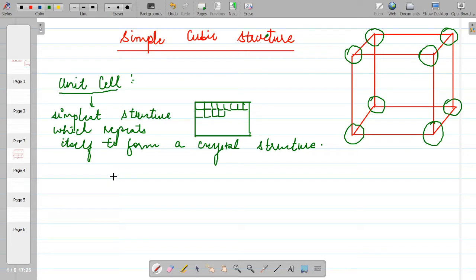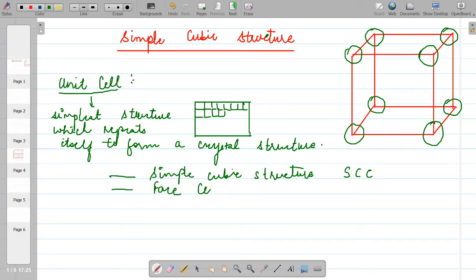Mainly your unit cell is of three types. First is the simple cubic structure, which is also abbreviated as SCC. The second type of unit cell is the face-centered structure, or you can say face-centered crystal, and it is abbreviated as FCC.